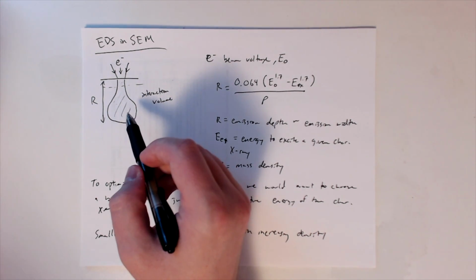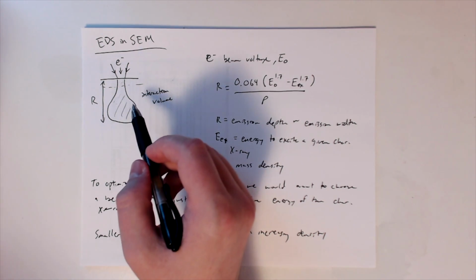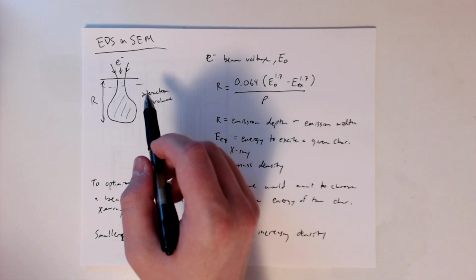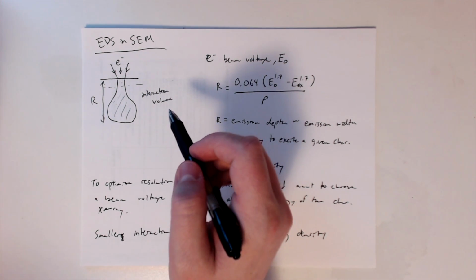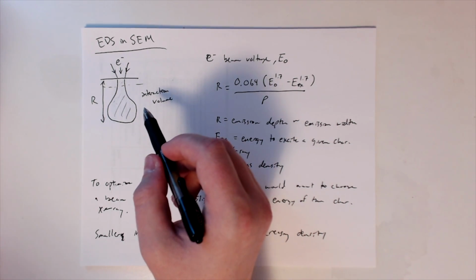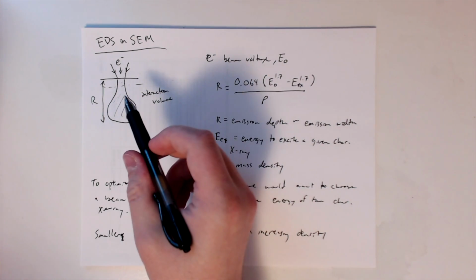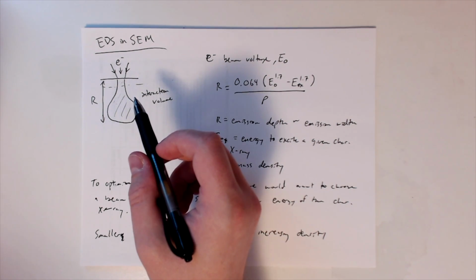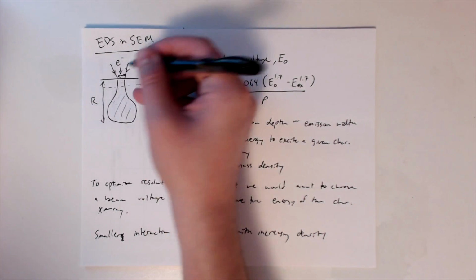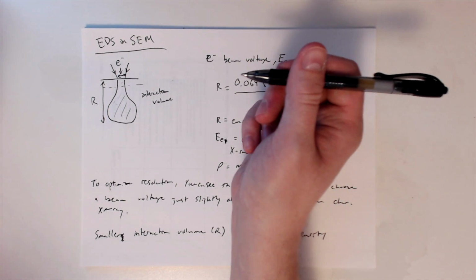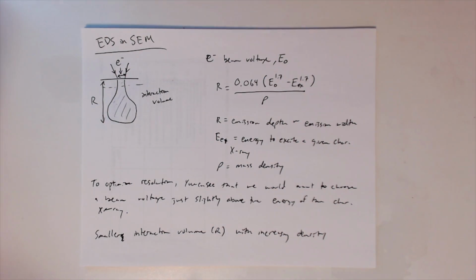With TEM we also have a much higher energy, which can cause the size of this to go down as well. The higher energy we have, the probe current diameter tends to go down too. We'll talk more about this when we get to SEM and TEM. For now, you don't have to worry about that quite as much.